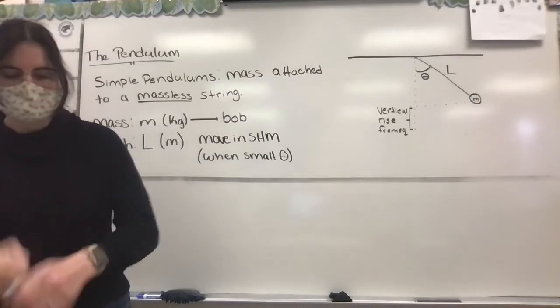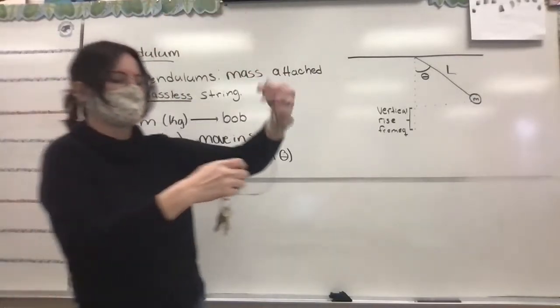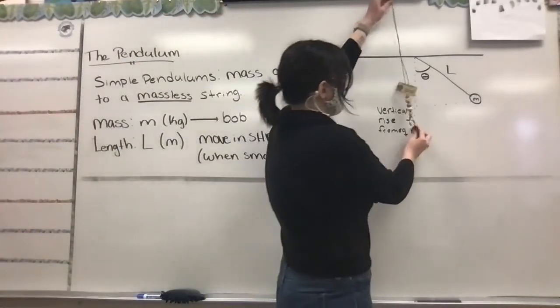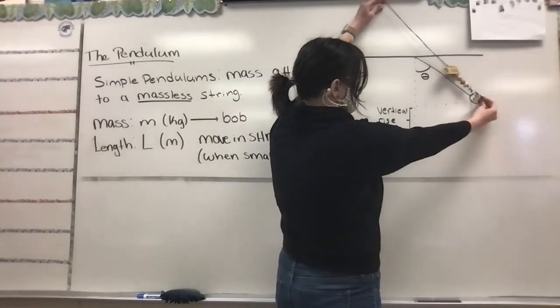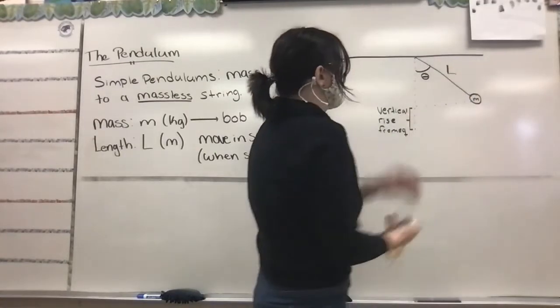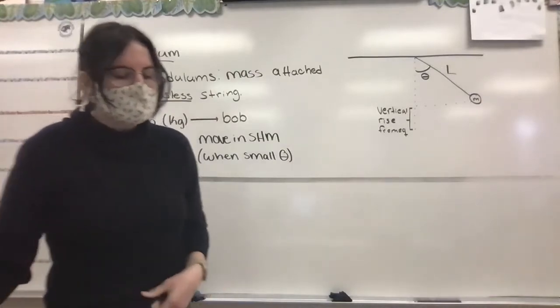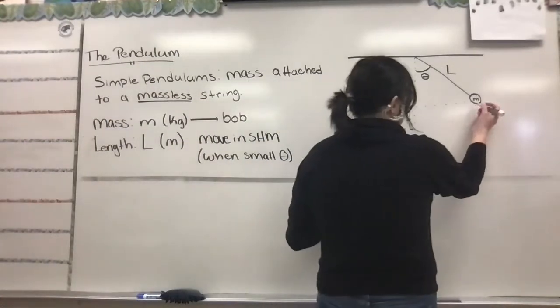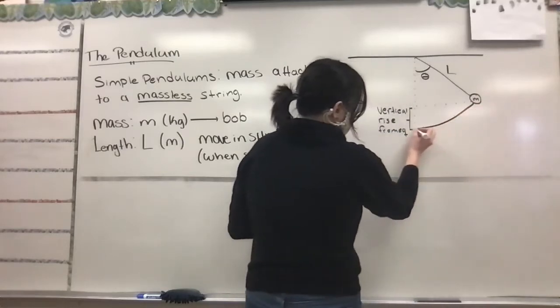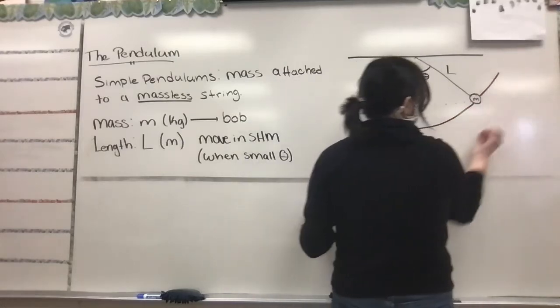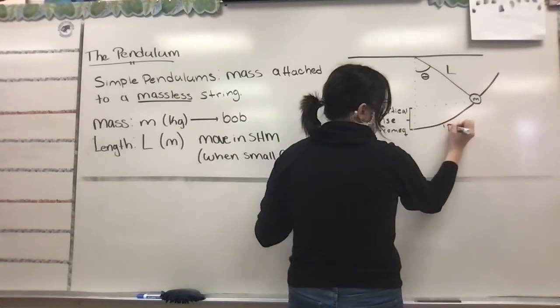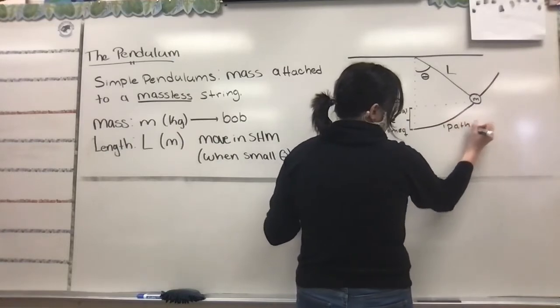To give you a visual of how that happens, let's say that it starts out here. You see how when it swings up, there has been a slight vertical rise from equilibrium. The last part that I want to label right now is this. This would be considered the path of the pendulum.